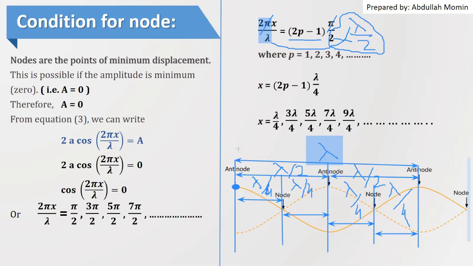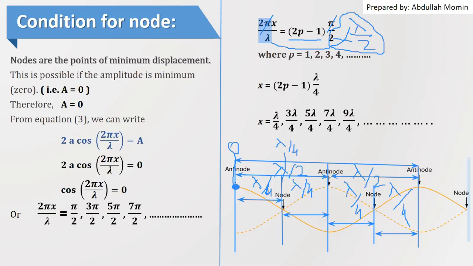If the wave is starting from this point, this distance is 0. From 0 to this point, the distance is lambda by 4.